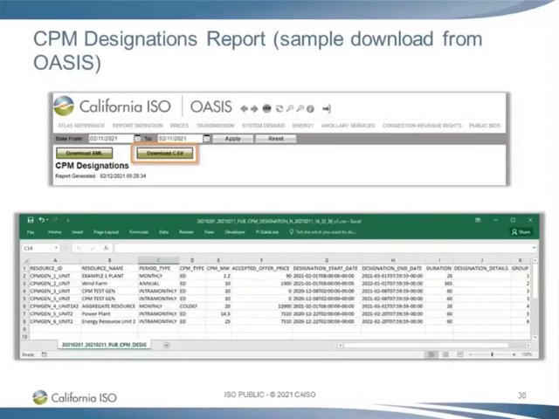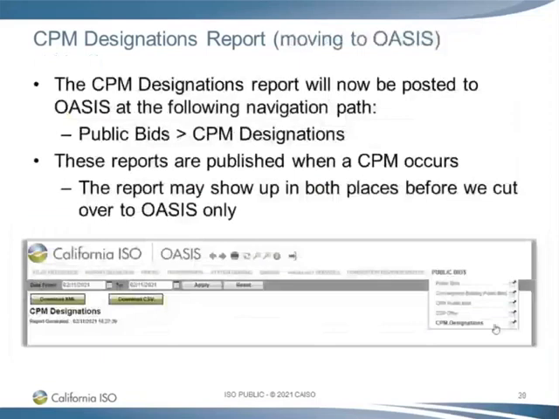So Chen Yu, this is specifically for the CPM report that we were talking about here. And there was some discussion about that. With the CPM designations report, the data that you see on Oasis would be the same report data that you see currently posted in the manual report.